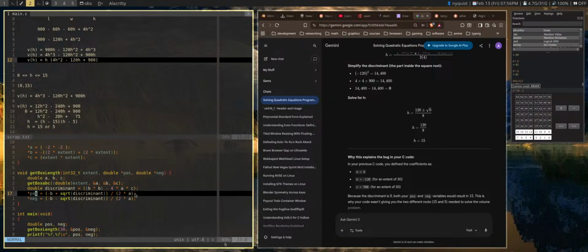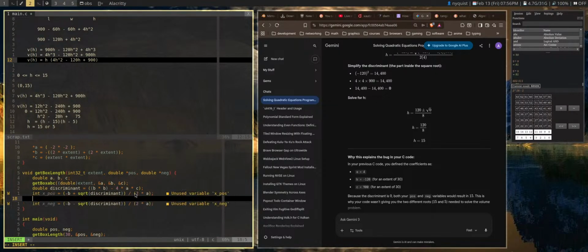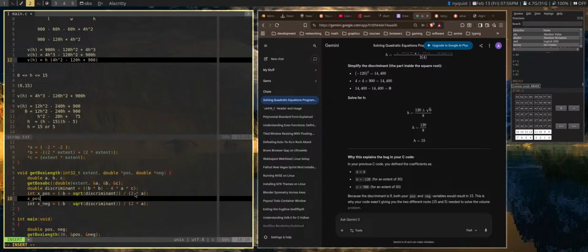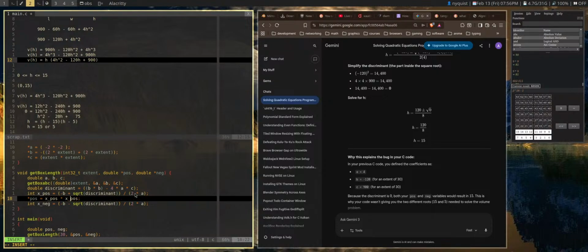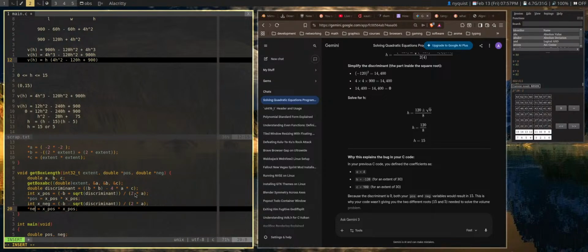Right? So x positive equals x positive times x. Whoops. Negative equals x negative times x negative.